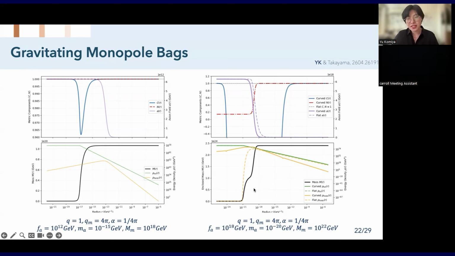Much more interesting is if we look at the masses of everything. The total mass looks fairly similar, but if we compare the curved space and the flat space energy density coming purely from the axion components, we see a couple of interesting things. The curved space axion part now actively contributes to the total energy density of the system, which is very natural because we have much heavier domain walls.